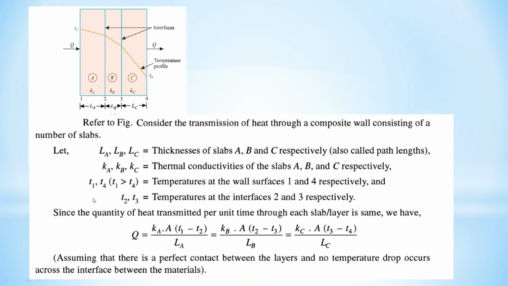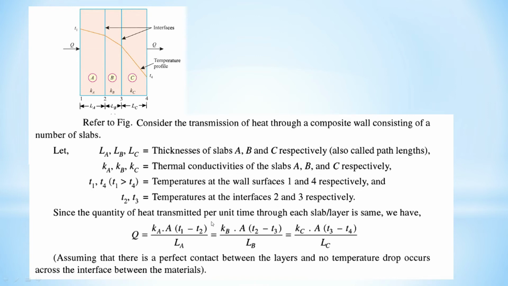Here the temperatures are T1 and T4. This is called the temperature profile because heat flows from higher to lower. So temperature T1 is higher and T4 is the lowest temperature, and these are the intermediate temperatures at the interfaces. So T2 and T3 are the temperatures at interfaces 2 and 3 respectively.